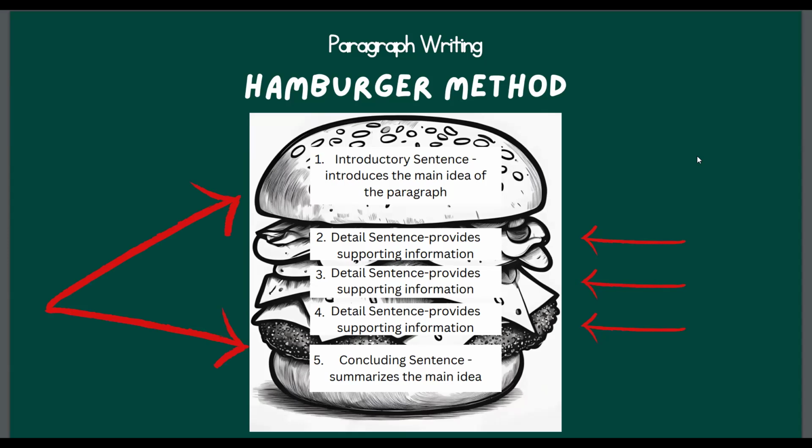So here is the entire paragraph. 1, an introductory sentence. 2, 3, and 4, 3 details about the topic. And 5, you're going to restate the introductory sentence. Just move the words around. Just say it in a different way.